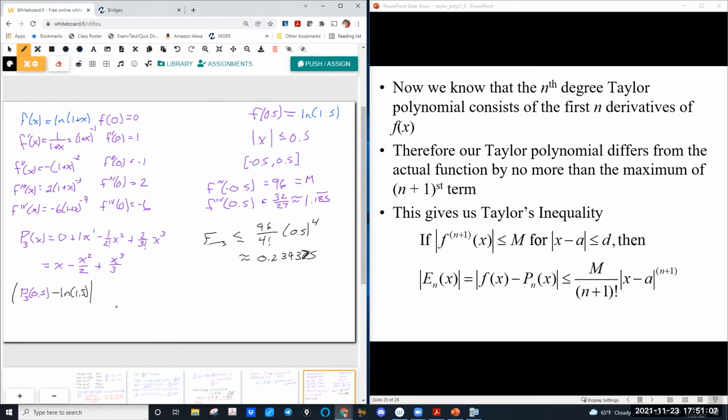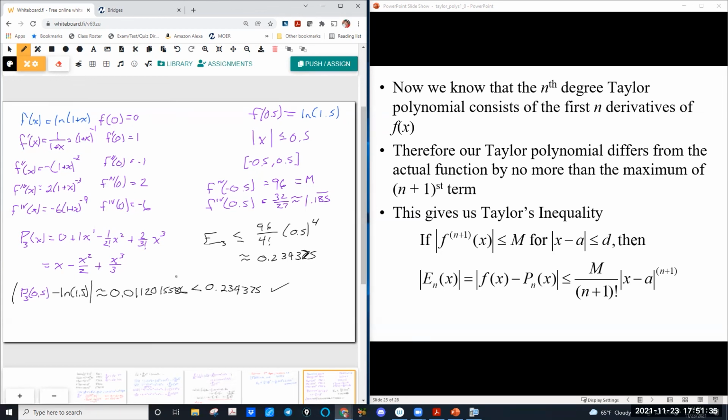And we'll subtract off the ln of 1.5. And we get a considerably smaller error than our estimate, 0.0112015586, which is definitely less than 0.234375. Okay, again, it's a very conservative error estimate.